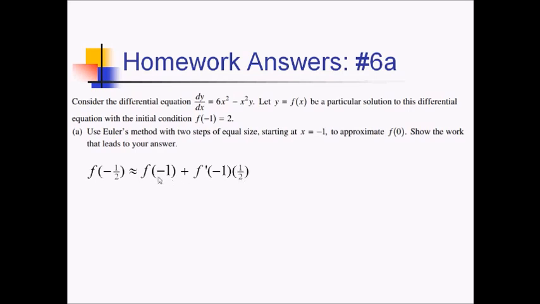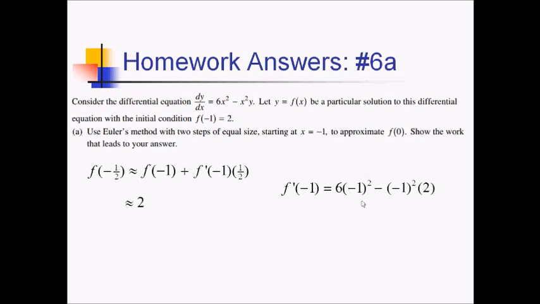So f of -1, we actually already got that. That was 2. Now f prime of -1, to figure that out, we're going to have to plug in the point -1, 2 to our differential equation up here. So I'm going to have 6 times -1 quantity squared minus, this is going to be -1 squared times 2, the y value 2.